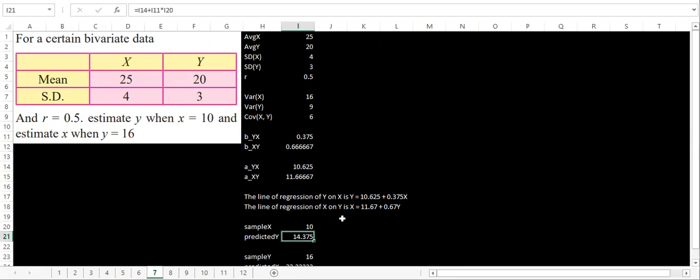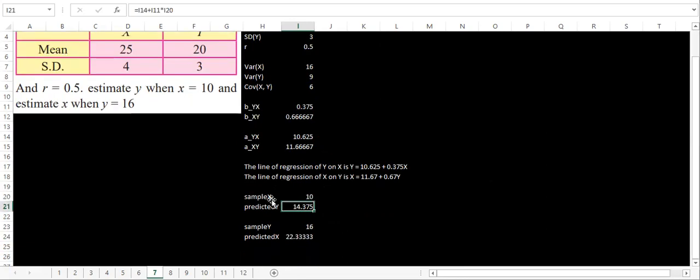Similarly, from the regression equation of x on y, if you have a sample value of y as 16, you can use the equation to predict x as 22.33 something. So when y is 16, the x value is 22.33. That's the answer. These two are the answers.